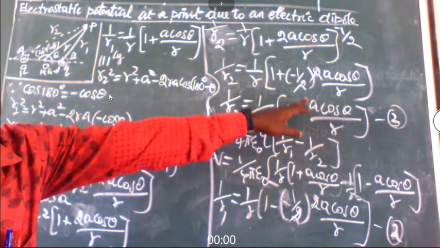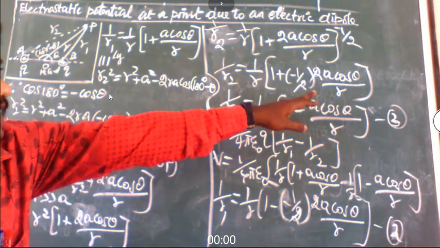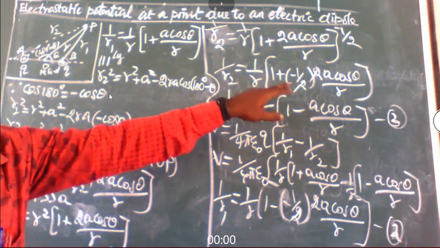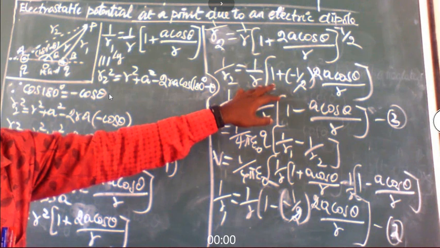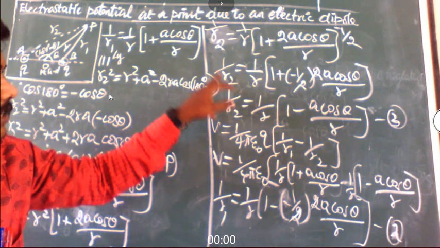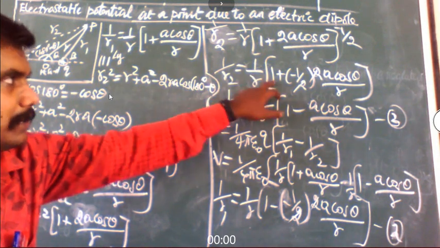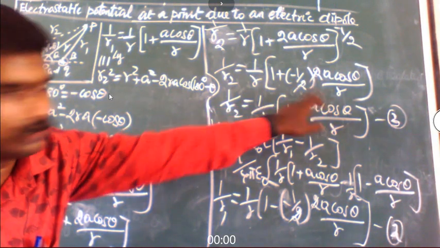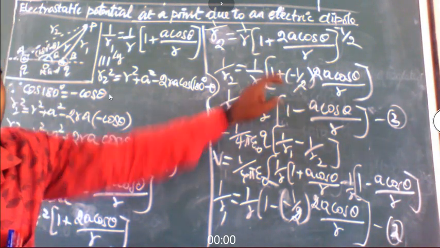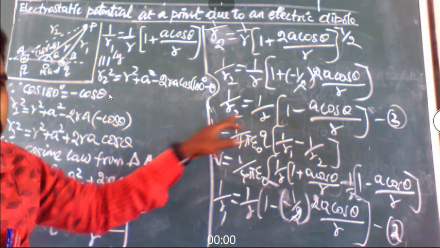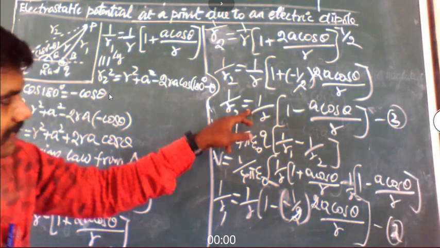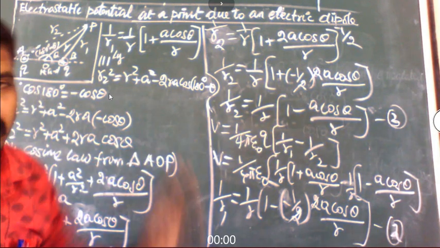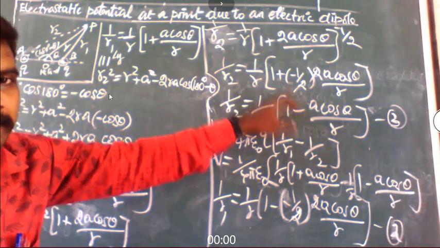Then, according to the binomial theorem, I already told you the formula for the binomial theorem, apply the same step. 1 by r2 is equal to 1 by r into 1 plus n, where n is minus 1 by 2, times 2a cos theta divided by r. The 2 cancels, and minus into plus is minus. So 1 by r2 is equal to 1 by r into (1 minus a cos theta divided by r).